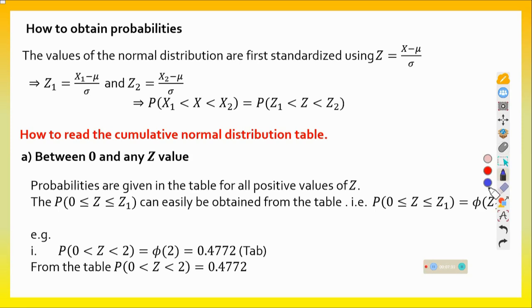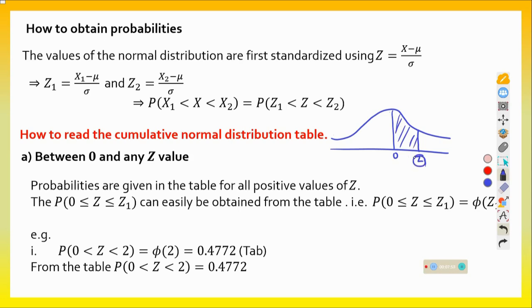Because here you are considering, from our normal curve, for example, a probability which is between 0 and Z1. So if this is your 0 and Z1 is a point at this given point, then how do you easily get this probability?